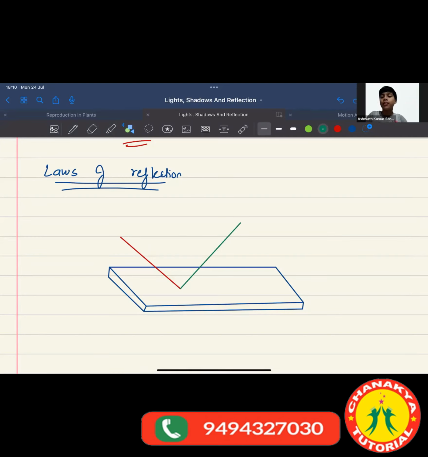Reflected light ray. And the center? The normal, the perpendicular. And this angle is called the incident angle, and this is called the reflected angle.